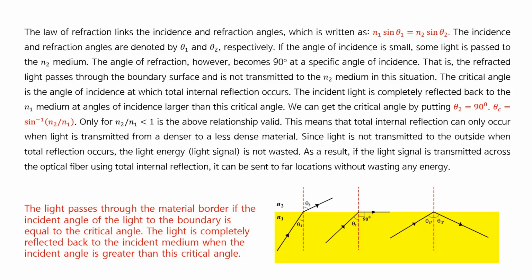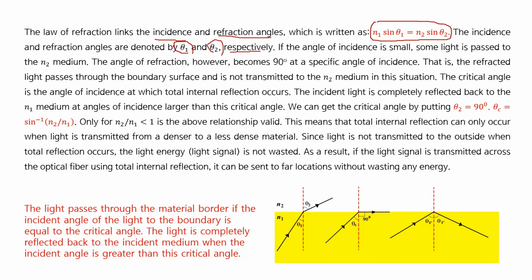The law of refraction links the incident and refraction angles, which is written as Snell's law, described by this equation. The incident and the refraction angles are denoted by theta 1 and theta 2, respectively.